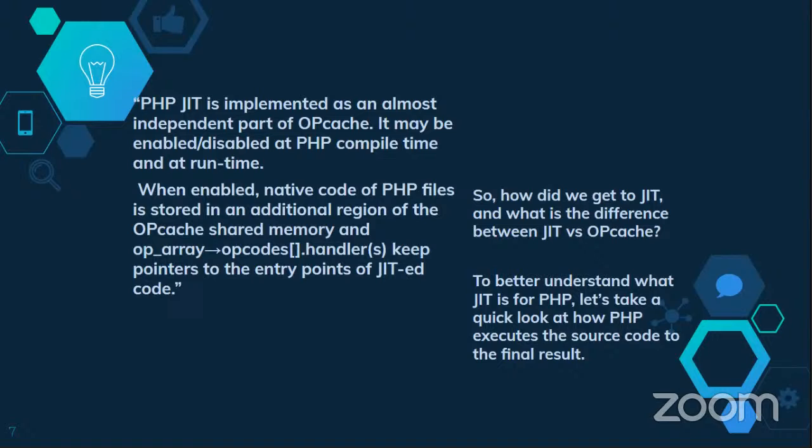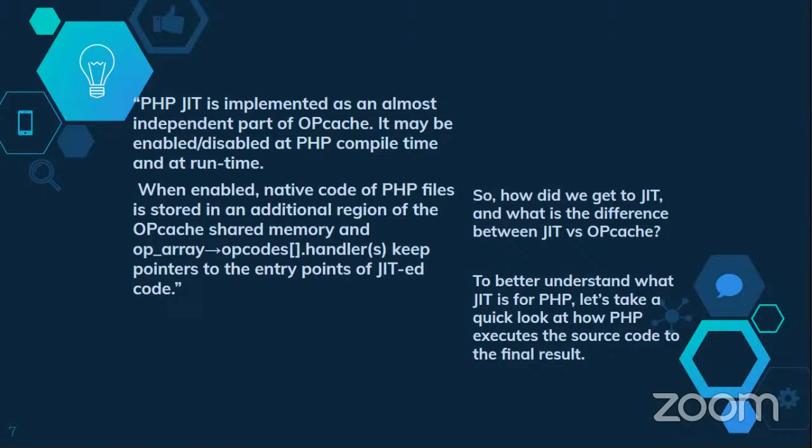Sorry, I'm trying my best to simplify the whole JIT because it's a bit theoretical. So when enabled, native code of PHP files is stored in an additional region of the OP cache shared memory. So we use OP array opcodes and keep a pointer to the entry point of the JIT head code.